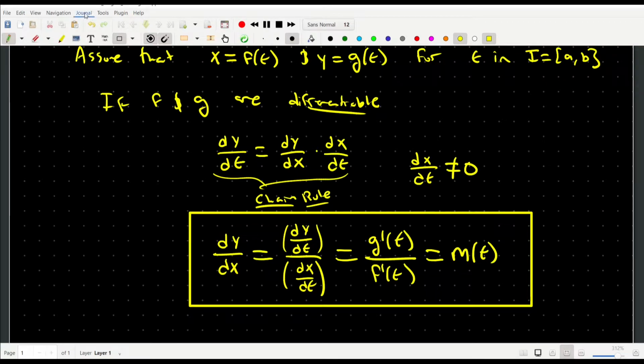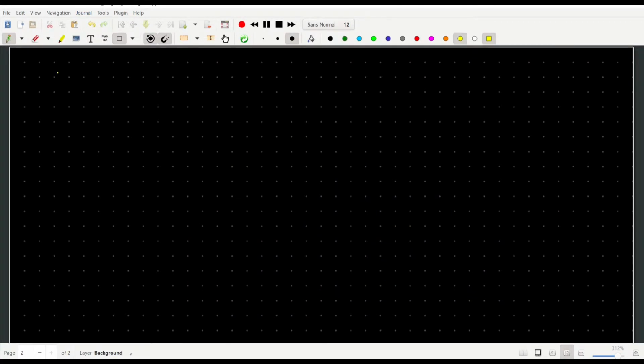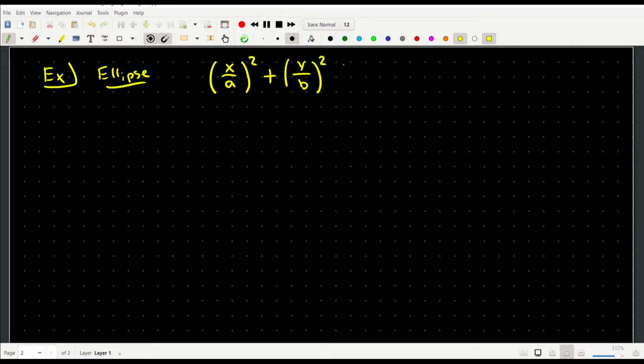So the first example that I'll consider in using this formula is going to be a general ellipse. And an ellipse has a similar equation to a circle. It's (x over a) squared plus (y over b) squared is equal to 1.